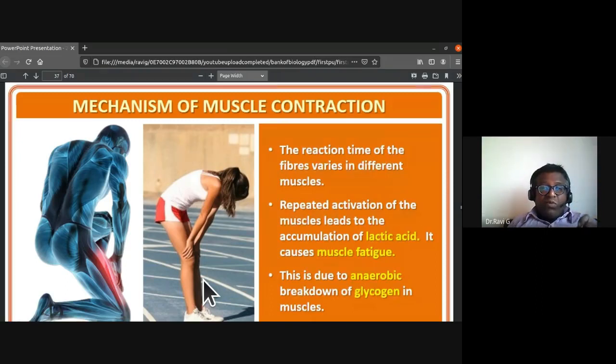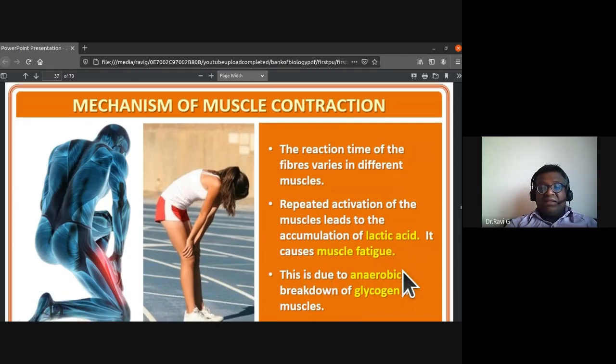Why is there a fatigue of our muscles? This is due to anaerobic breakdown of glycogen stored in our muscles as lactic acid. That is why our muscles undergo fatigue.